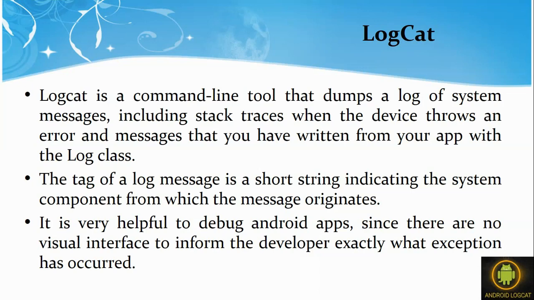Most of you would have done this with System.out.println, or cout. When you write if-else conditions, you print in the if condition, in the else condition, in the try block, in the catch block. You print it to the console and see where it is printed.